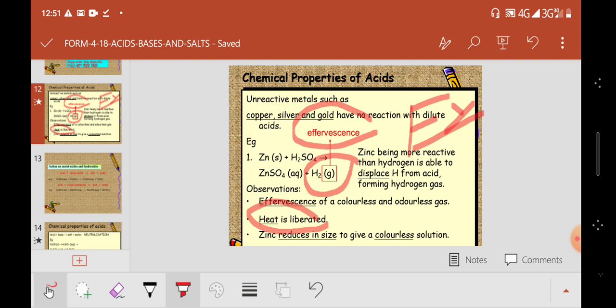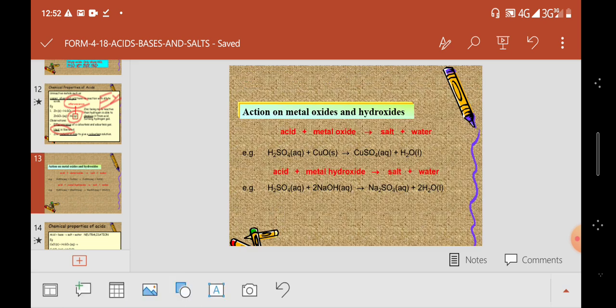Now, when you talk about the salt that is being produced, again, there are two kinds of salts. We have salts that are soluble and salts that are not soluble. For example, in the solubility test, all salts of group 1 elements are soluble, and you also have salts which are not soluble, for example, calcium sulfate.